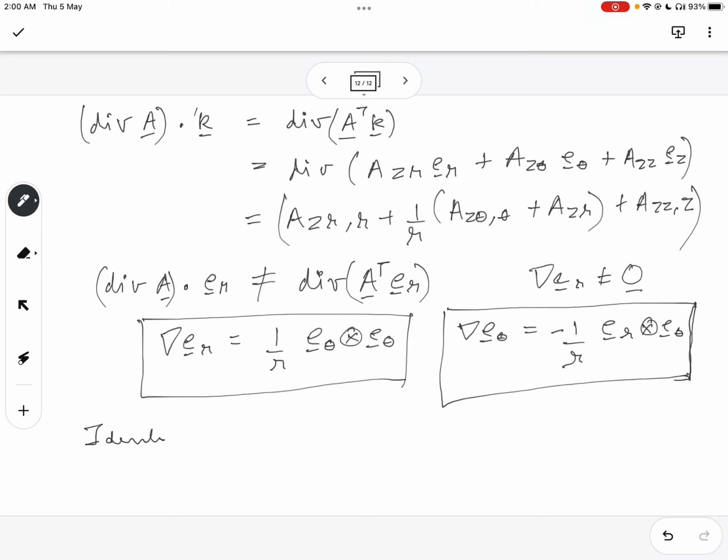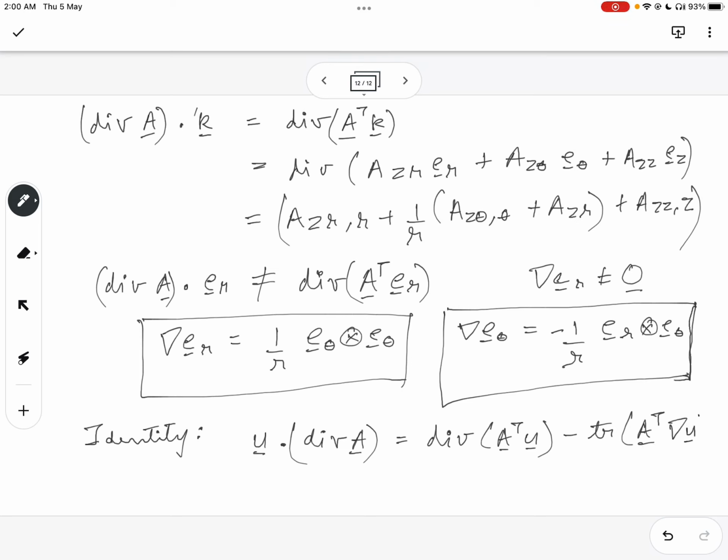The identity is, where u is no longer a fixed vector, u dot divergence of A is divergence of A transpose u minus trace of A transpose gradient of u. We'll see this in the problem solving session.